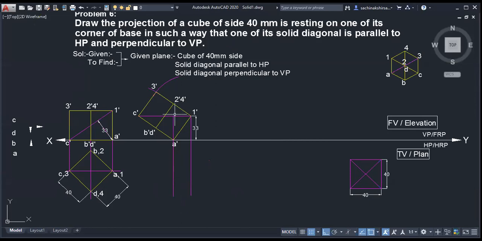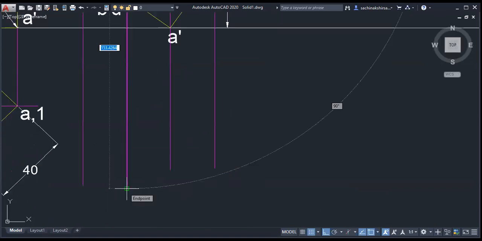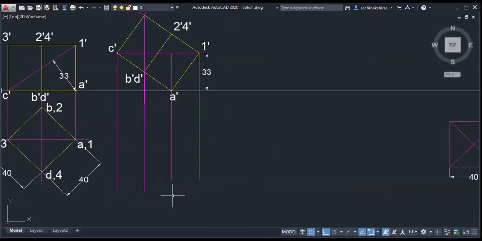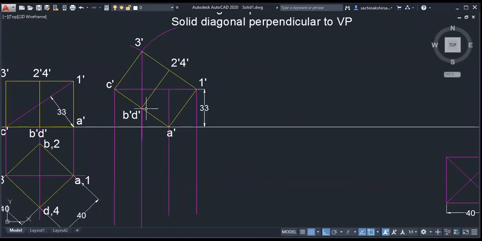Just check. Are 3 dash and B dash, D dash coming the same or a little different? I think it is coming different. How much difference is there? 1 mm? Hardly. 2, 3. Okay, so in my case it is very little.